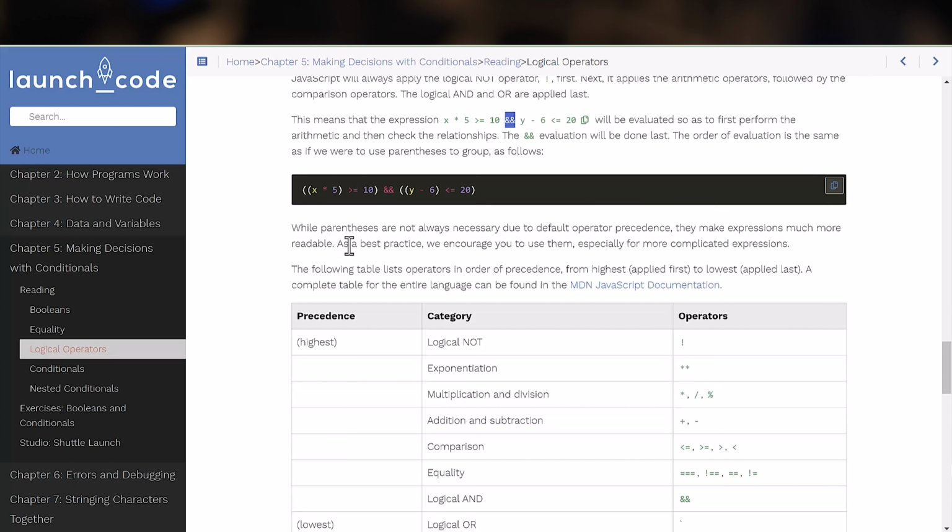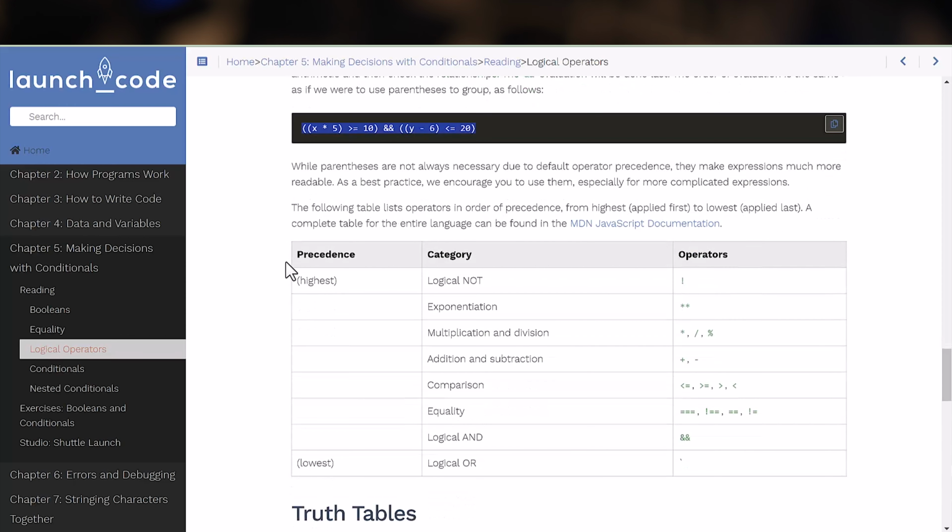So right here, these two, after they have already been calculated, will be compared last. The order of evaluation is the same as if we were to use parentheses to group as follows. So remember, grouping with parentheses sets the precedence, or the order, as well.